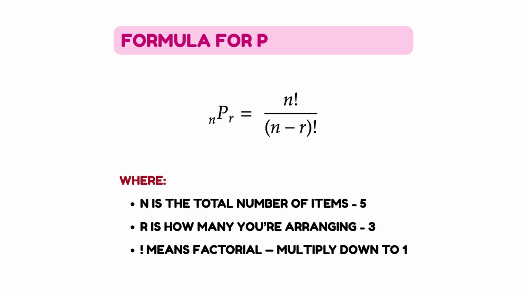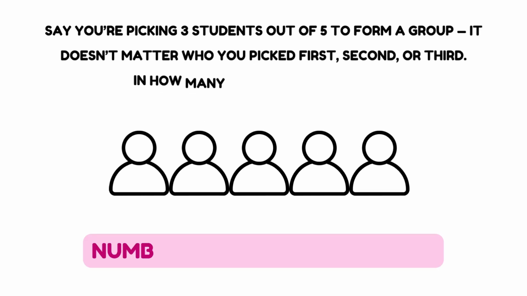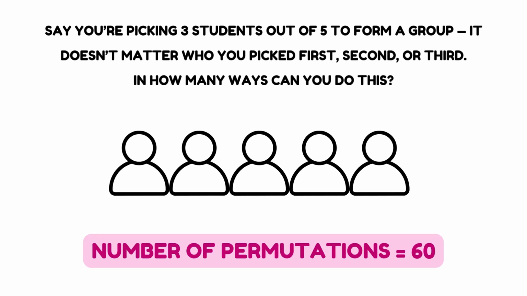Here is the formula for permutations, where n is the total number of items, which is 5, here 5 people in a group. r is the number of people you're arranging, which is 3, and the exclamation mark is factorial, multiplying down to 1. So if we solve this, we get 5 factorial divided by 2 factorial, which is 120 divided by 2, which is 60. So the number of permutations here is 60.